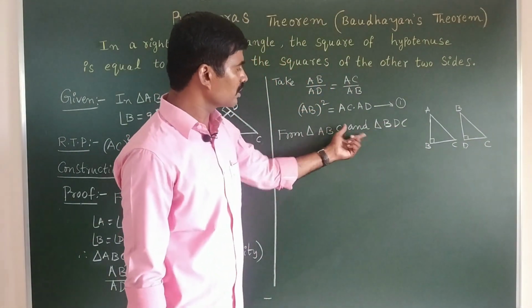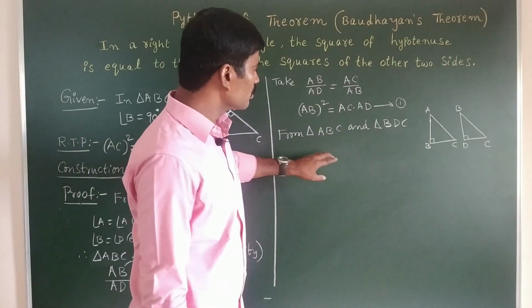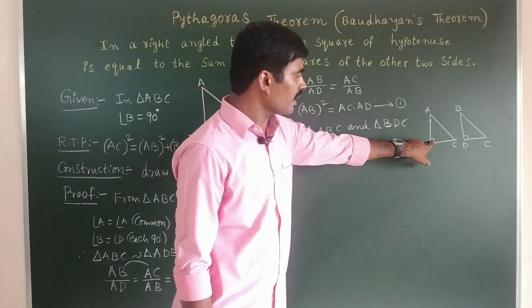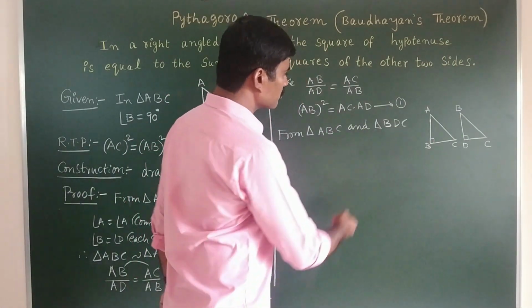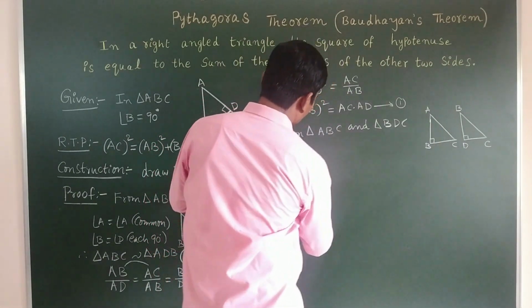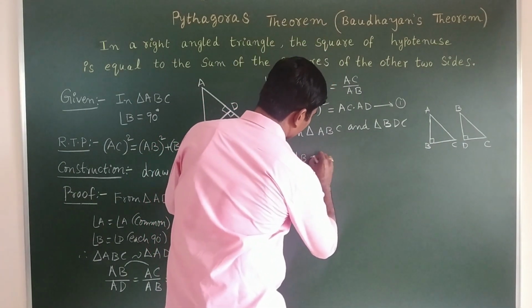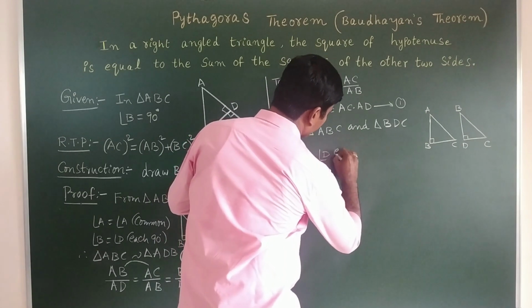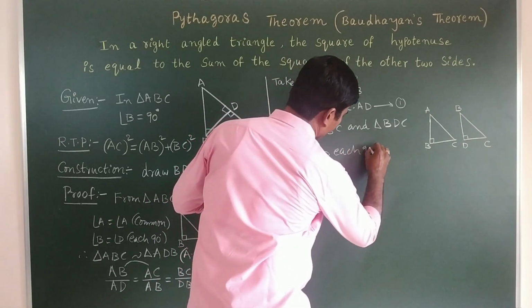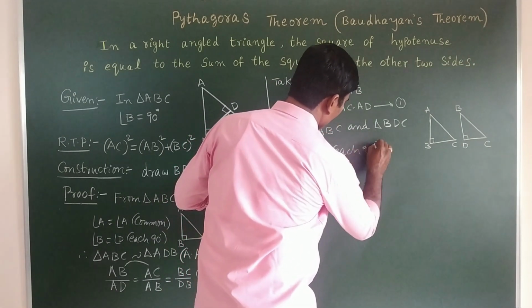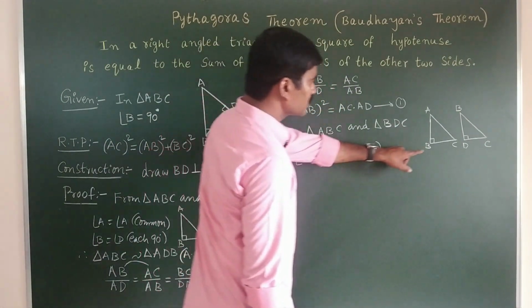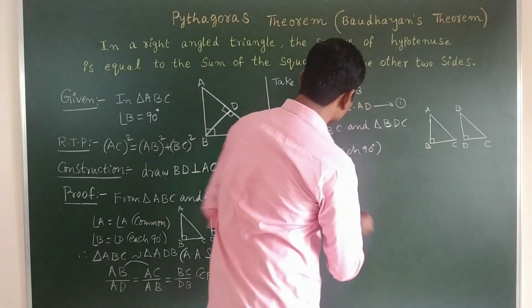So we have to prove that these two triangles are similar. Compare the angles. In both triangles, angle B is equal to angle D, each 90 degrees. And angle C is common.